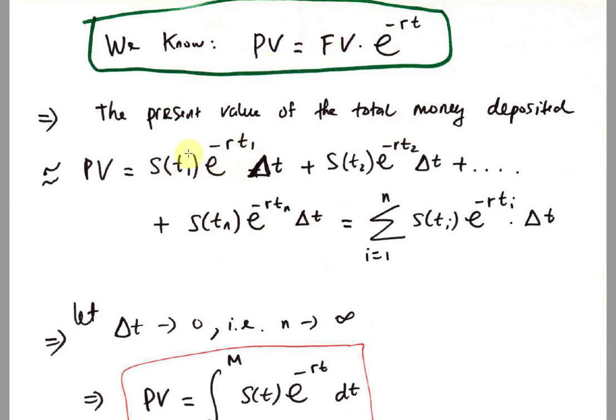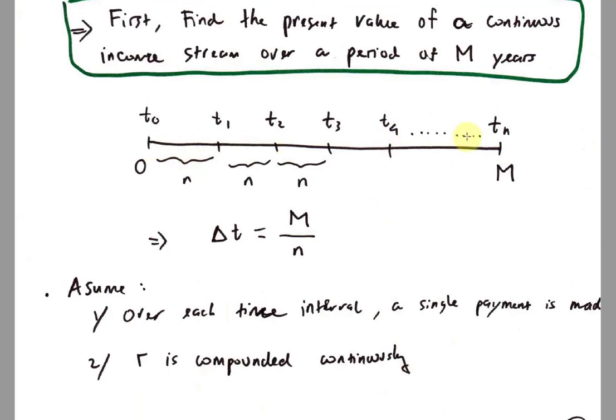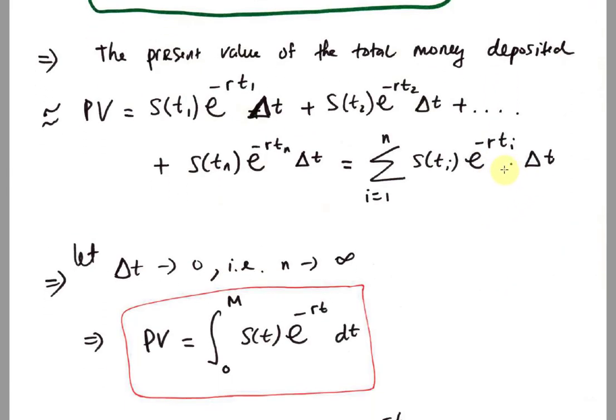So we let the income stream at the time be t1 e to the minus rt1 multiplied by delta t, plus t2 e to the minus rt2 delta t, and so on up to tn. This is the Riemann summation formula.